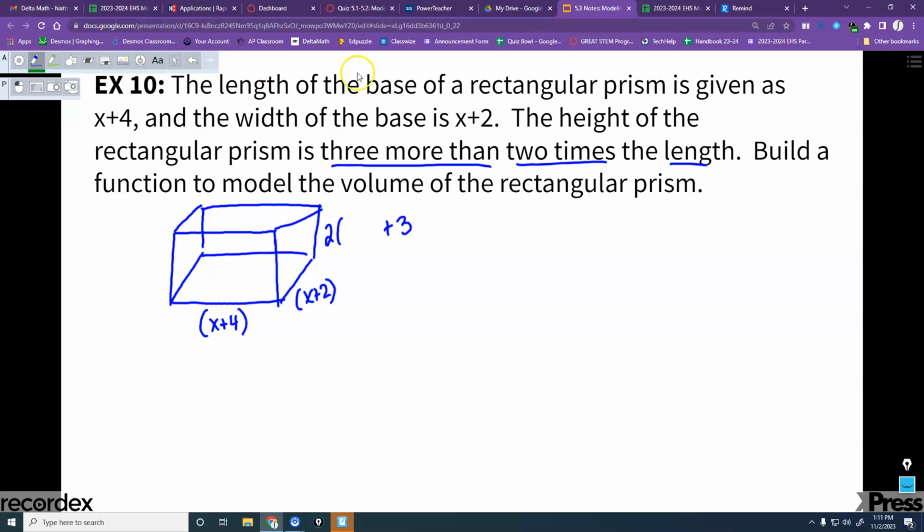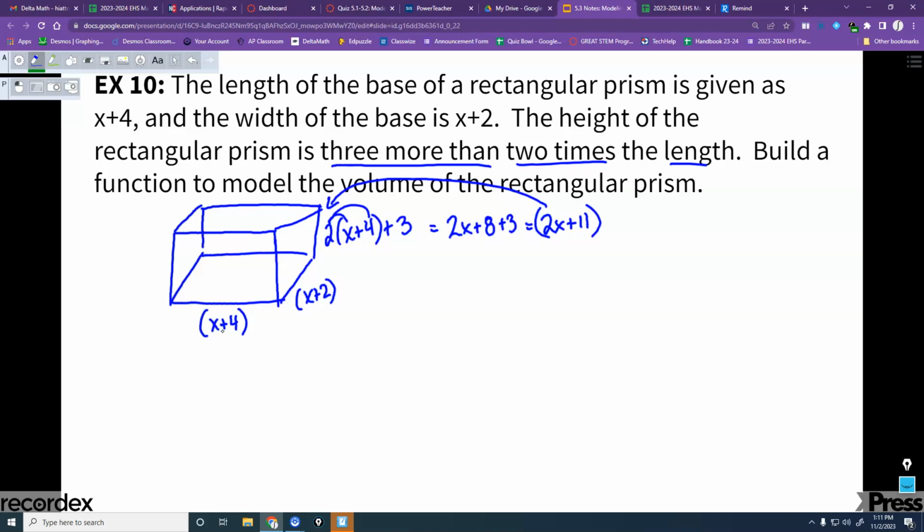It tells us the length of the base is x plus 4. This was our length, right? So I got to put that x plus 4 in parentheses there. Now, to make our life a little bit easier, let's distribute that. So we'll get 2x plus 8 plus 3. And then I can put 8 plus 3 together, so I'll get 2x plus 11.